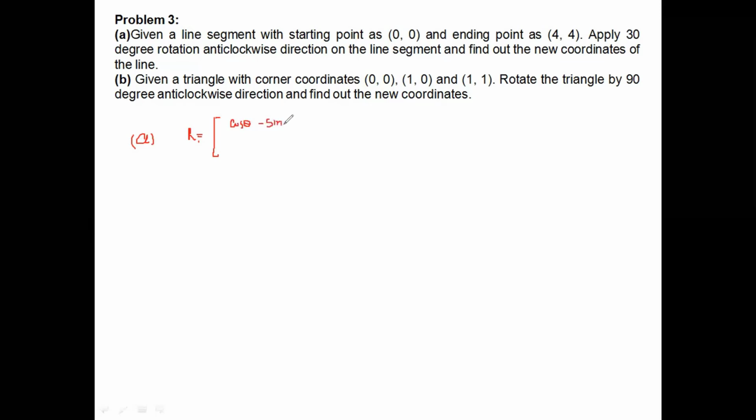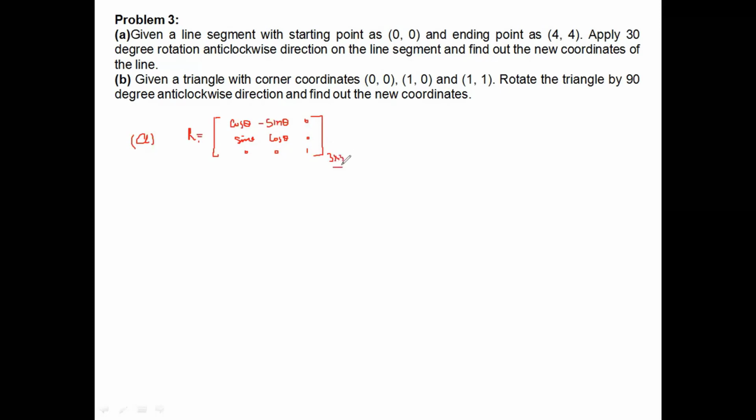We will always use a 3 into 3 order matrix now: cos theta, minus sin theta, sin theta, cos theta. So this matrix we are going to use, that is the 3 into 3 order matrix of the homogeneous coordinate system.